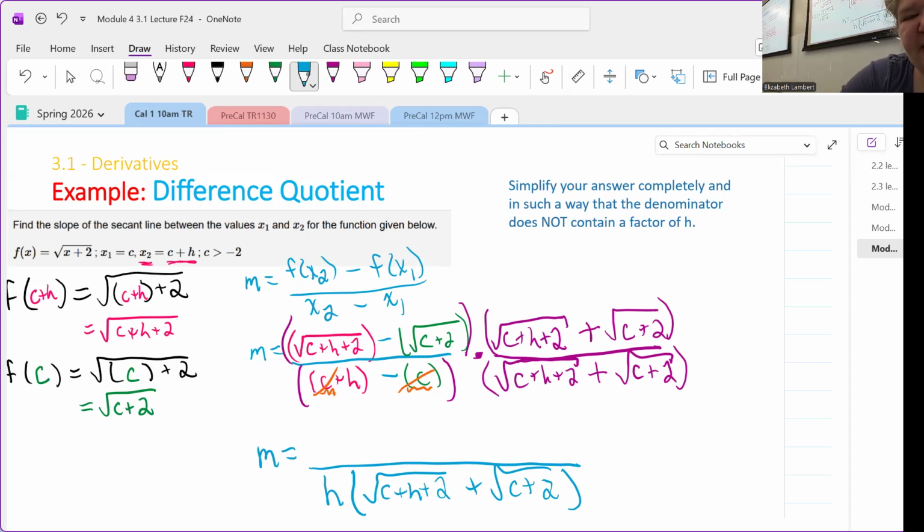So when I multiply by a conjugate, what I end up with when I do the FOIL is my first times my first. That's going to be that same square root times itself. So when we multiply, we'll have the things squared. So we'll end up just with the c plus h plus 2.